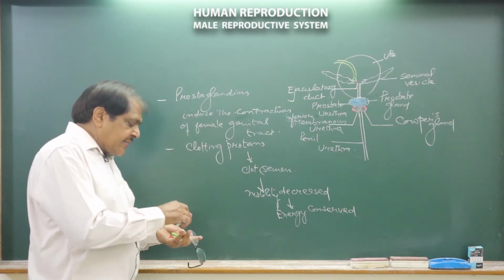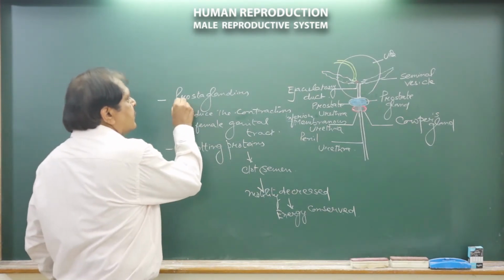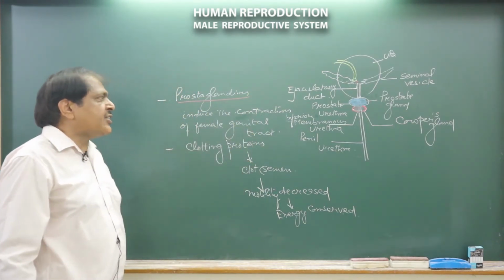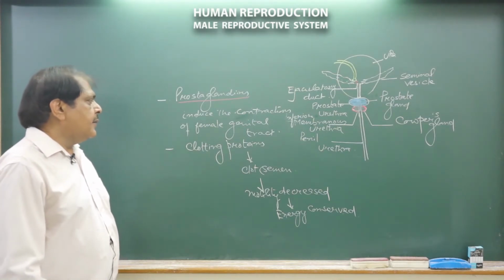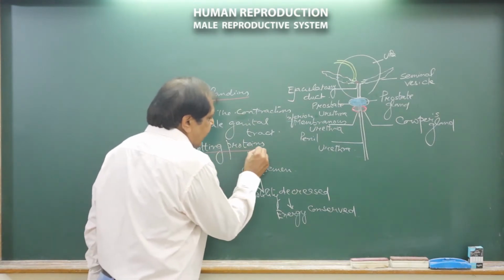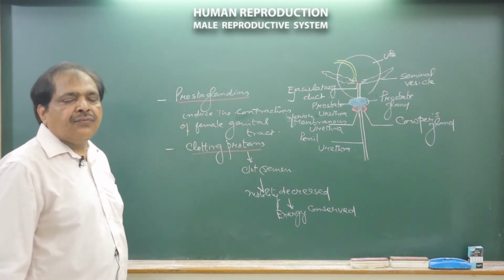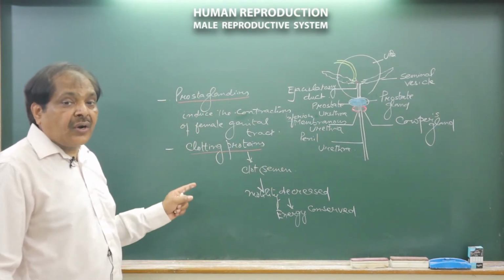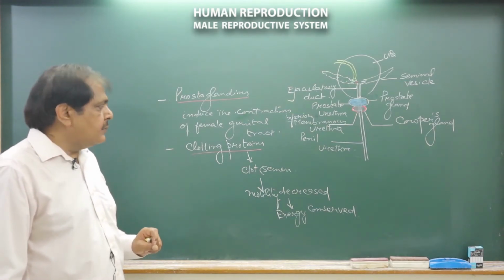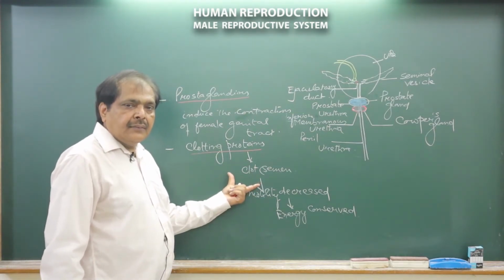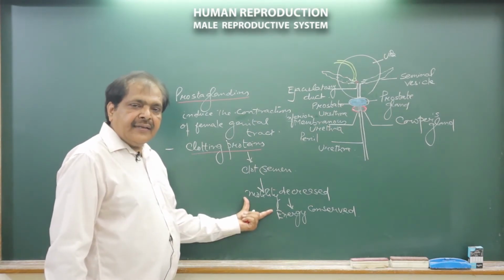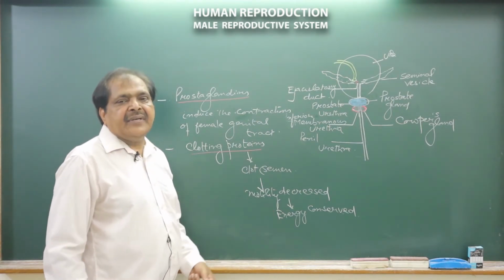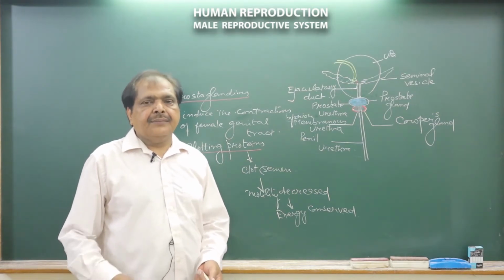That is present only in the secretions of the seminal vesicles of the male. Then prostaglandins. They induce contractions of the female genital tract when the sperms enter. And these clotting factors, I told you, like plasminogen, fibrinogen, are not those clotting factors which are present in the blood. They clot the semen. Motility decreased, and it means energy conserved.